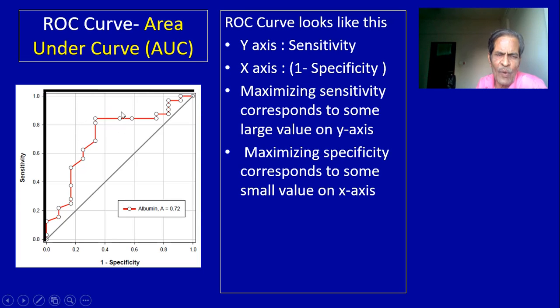So we will have to select some point which compromises and will give the best results for the sensitivity and the specificity, because at the value of the diagnostic test corresponding to this point, we have the highest sensitivity but zero specificity. At this point we have zero sensitivity and 1 minus specificity is 0, so we have the highest specificity at this point. So somewhere here will be the cutoff point that will be selected.